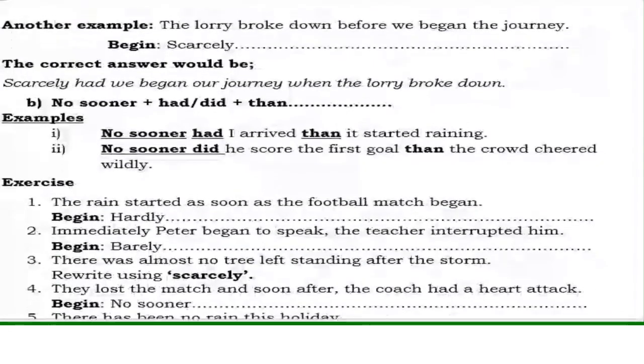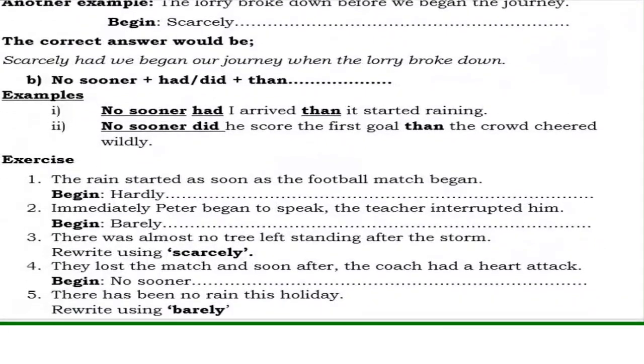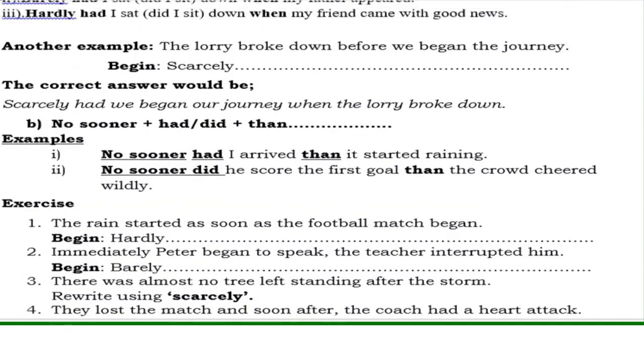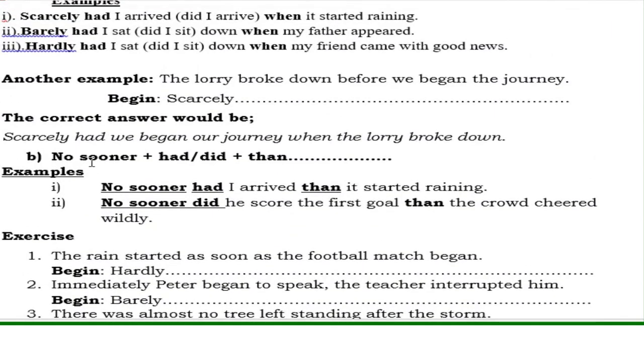So let me just move the screen up a bit so that you can see clearly here. For example, you can construct a sentence to say, no sooner had I arrived than it started raining, meaning the moment we just arrived, a few seconds or a few minutes later, it started raining.